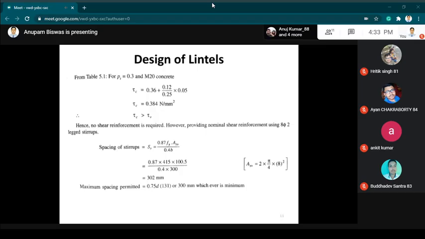So we see that the value of tau c is more than tau v. So from here we can conclude that no shear reinforcement is required. No extra reinforcement is required for counteracting the shear.